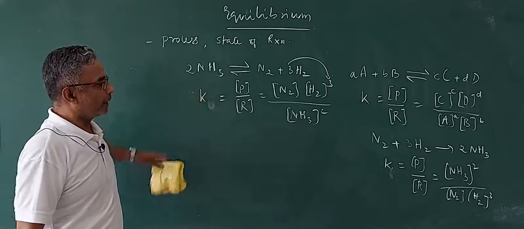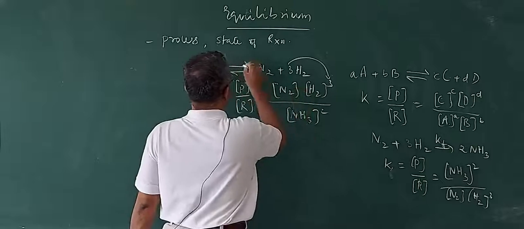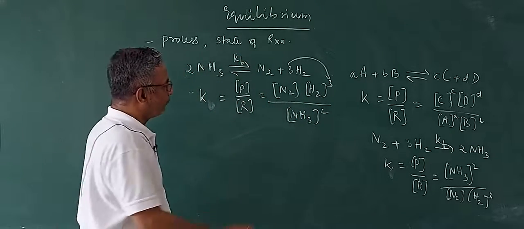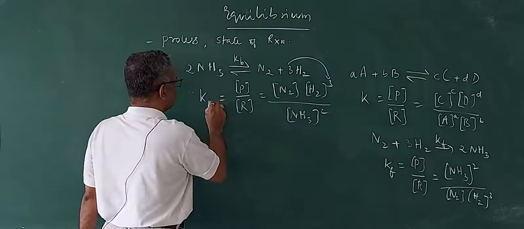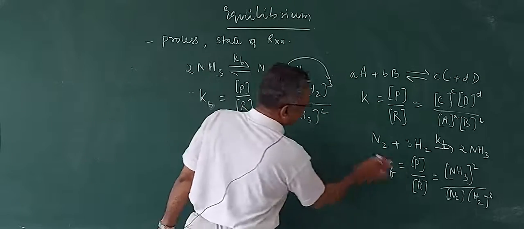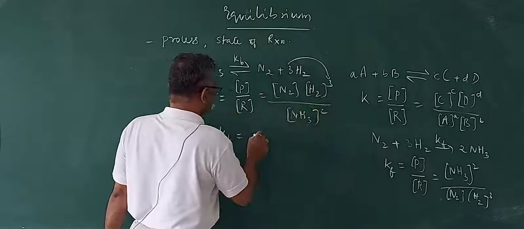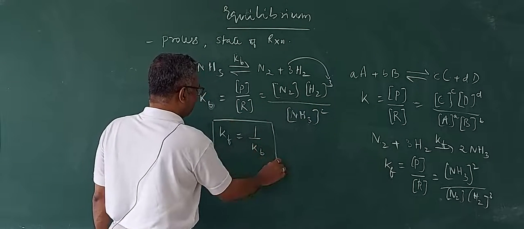So, when you compare, this is the rate of the forward reaction, and this is the rate of the backward reaction. If you compare these two, this is K forward and this is K backward. You can see that these two are nothing but reciprocals of each other. So K forward will be the reciprocal of K backward.